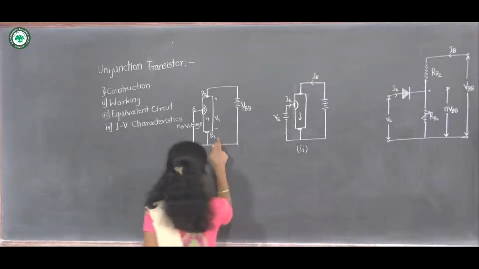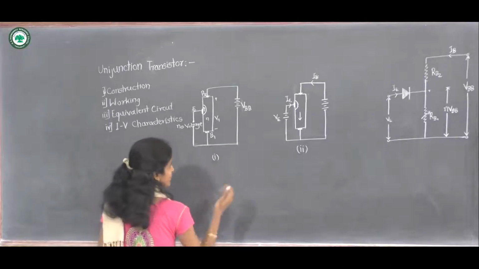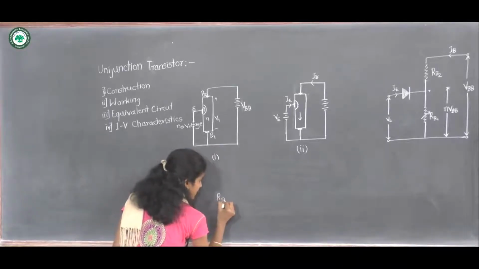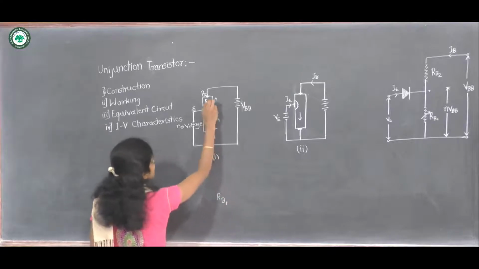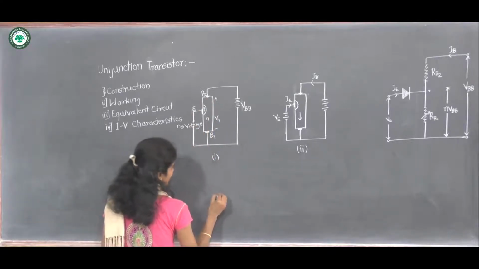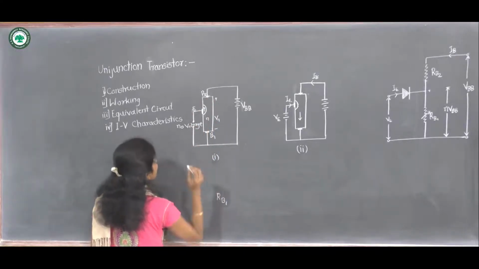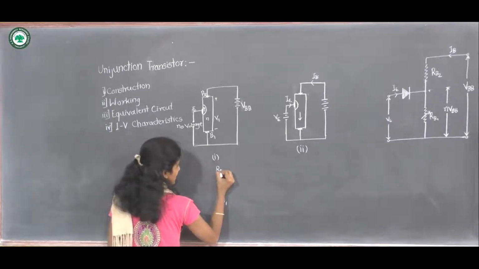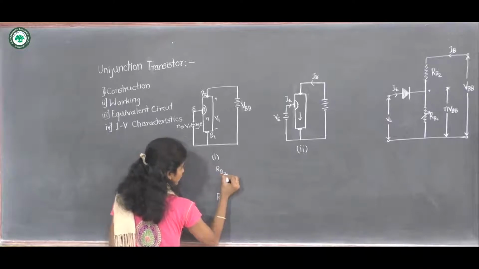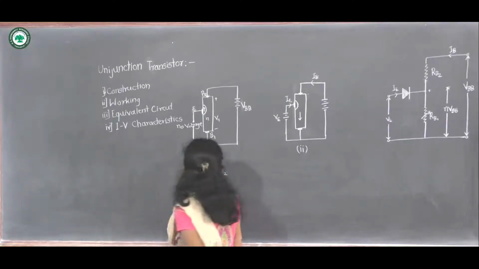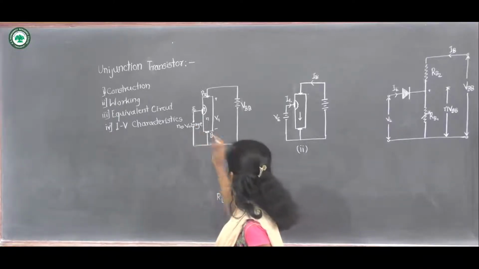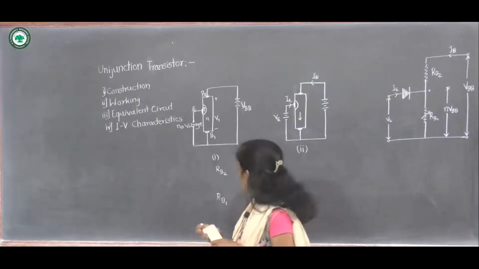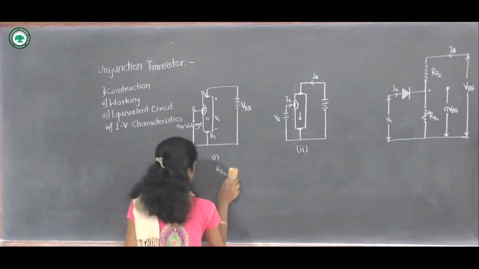That is, the B1 terminal will give the resistance RB1, and the B2 terminal offers the resistance RB2. Okay, and when no voltage is applied, we will consider the equivalent circuit for this situation.